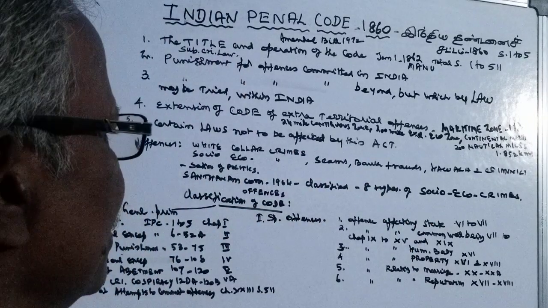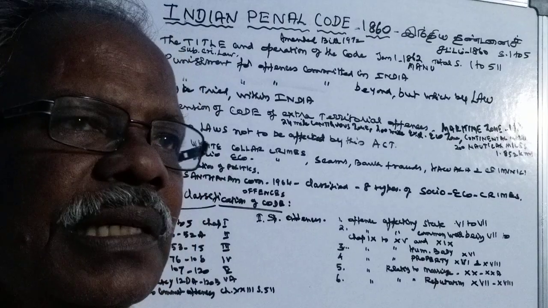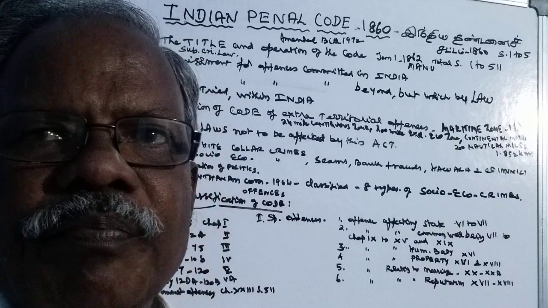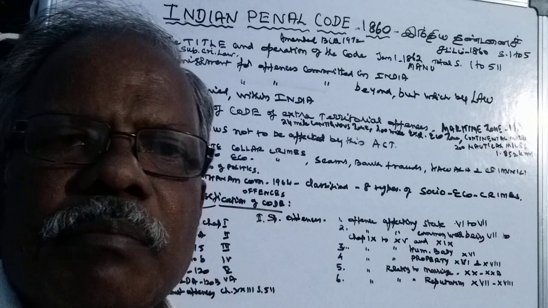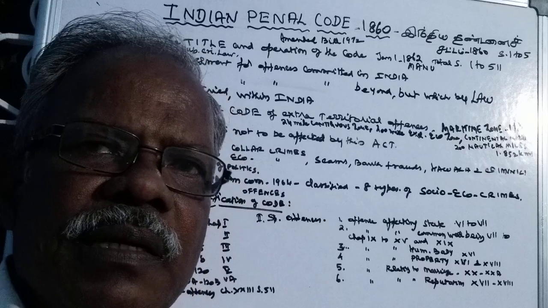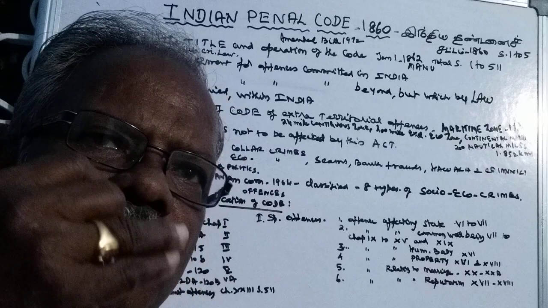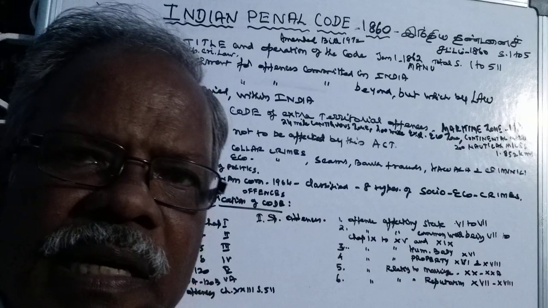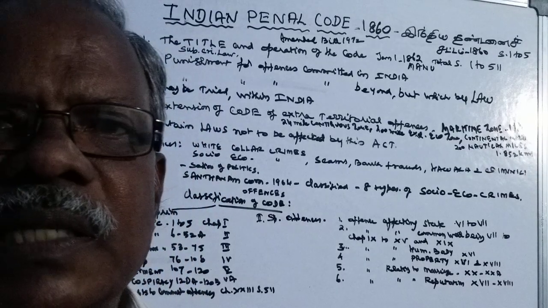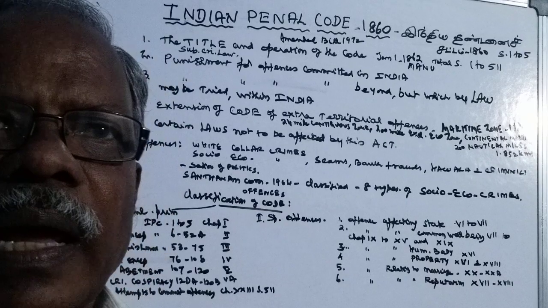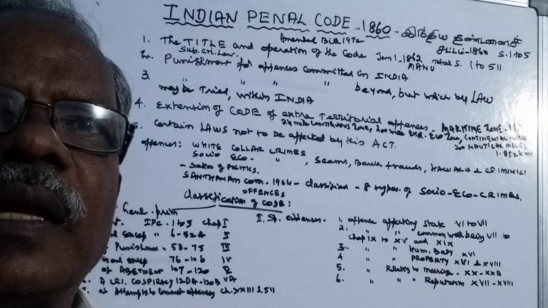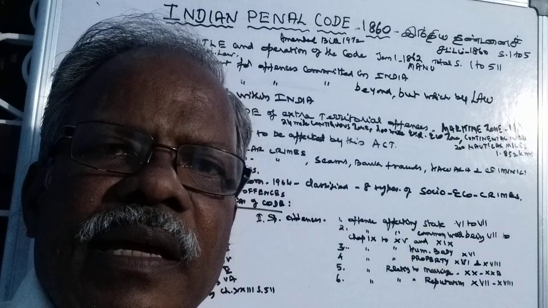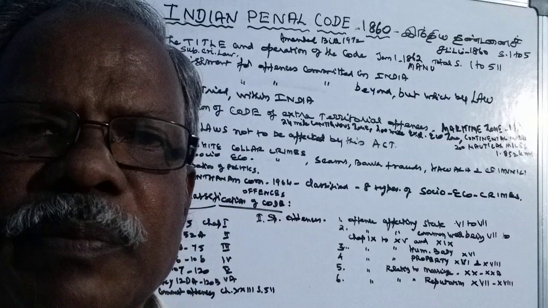For example, some of the crimes not affected by this Act concern army or military staff. They are governed by certain laws and regulations of their own, and if they desert the military, they will be punished as per military law.